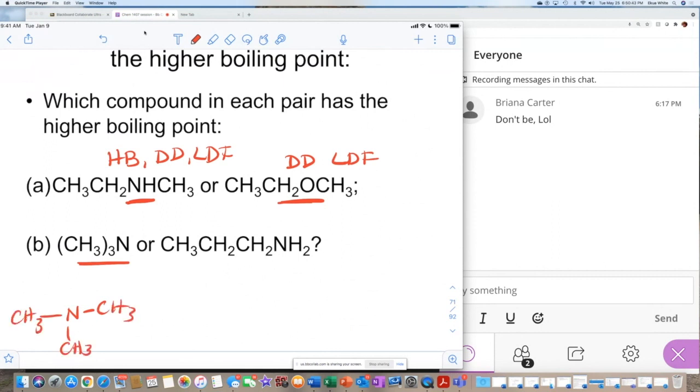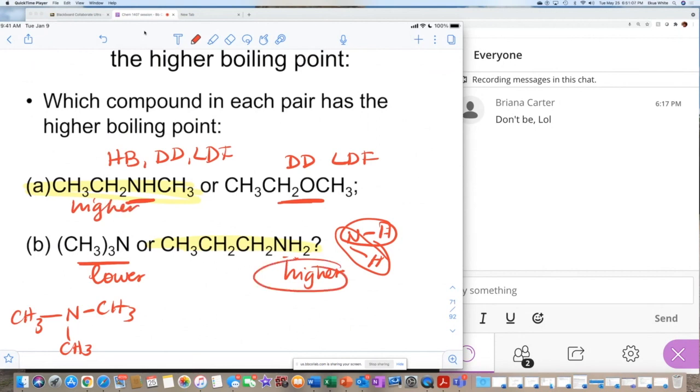For that reason, this is going to be lower, this is going to be higher. Because you see right here, this one has two hydrogen bond sites. This is one, this is the other. So they're asking which has a higher boiling point. This is higher, and this is higher. Higher, and then of course higher, right?